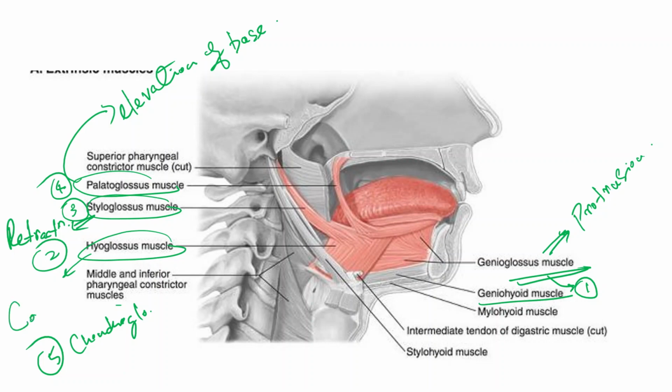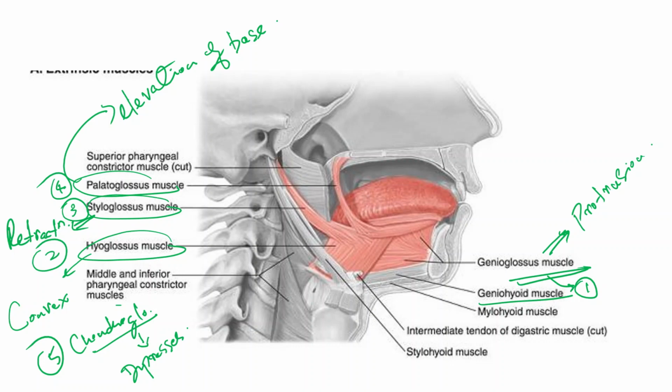So the convexity of the dorsal surface is brought about by the hyoglossus muscle, and the chondroglossus depresses the sides of the tongue. So in short, these are the actions of the muscles of the tongue and their attachments.